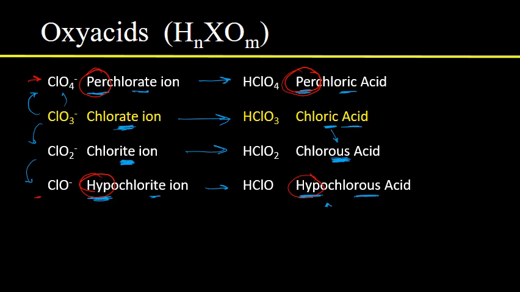We had on the last page HNO3, which we said was nitric acid, and that's because NO3 is nitrate. So if we go down one, in fact, I'm going to go ahead and write the name of the ion in here also.